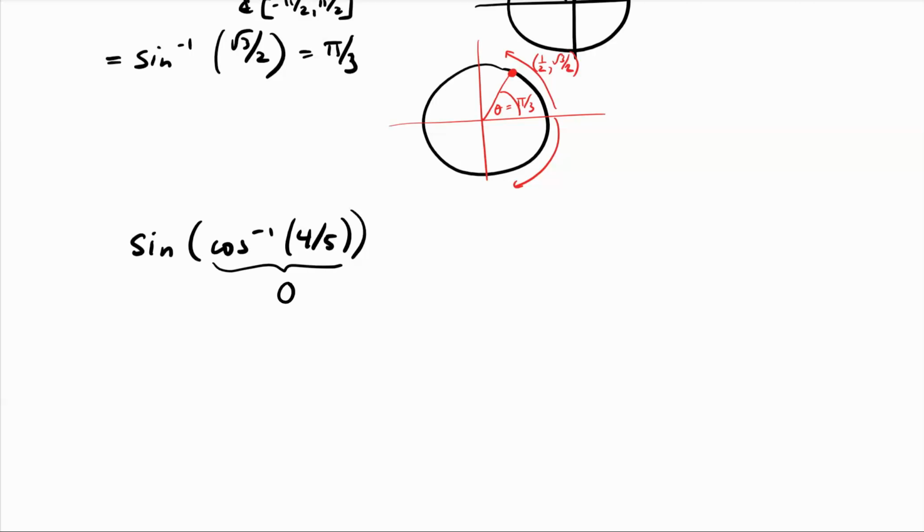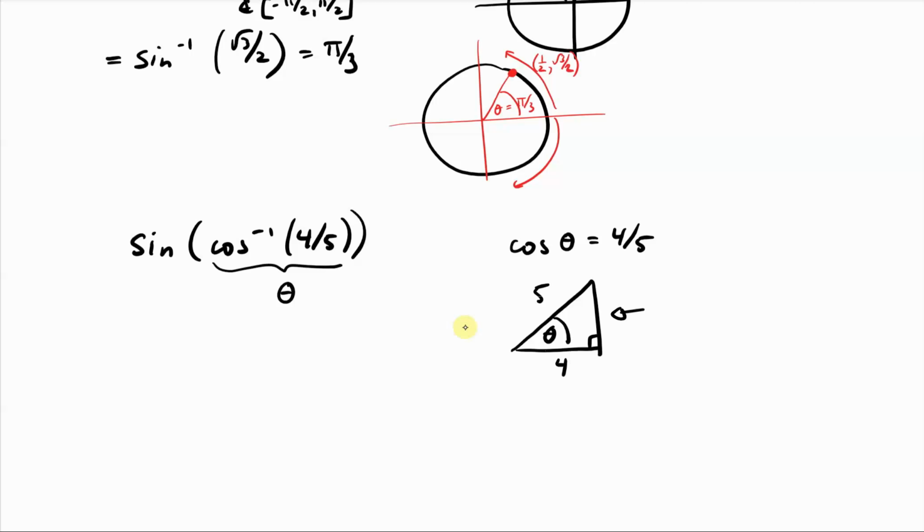This is an angle, because it's an inverse cos. So the angle is such that the cos of the angle is 4/5. Because ultimately we want to find the sine of the angle, we're going to create a triangle to work this out. So the cosine is 4/5, like that.